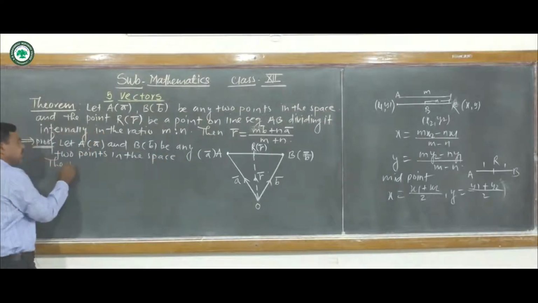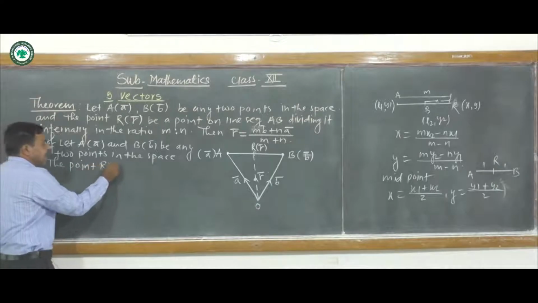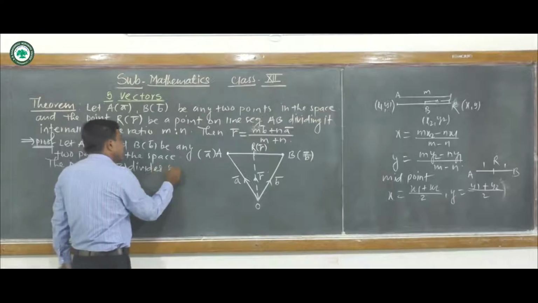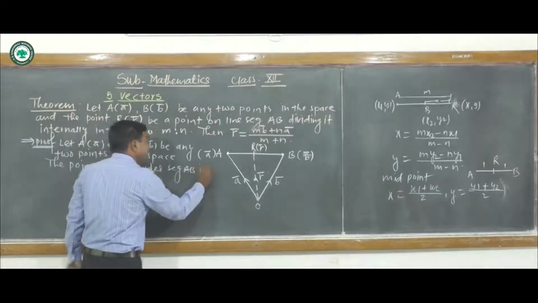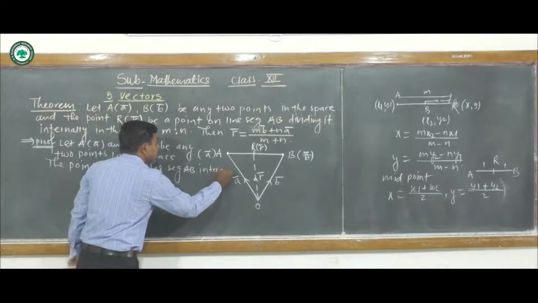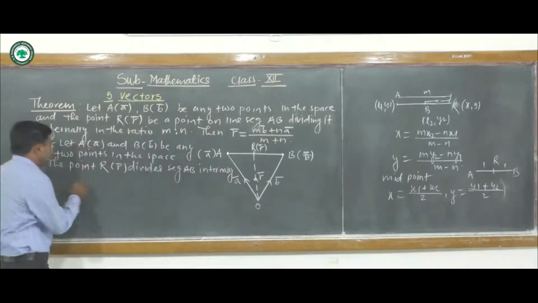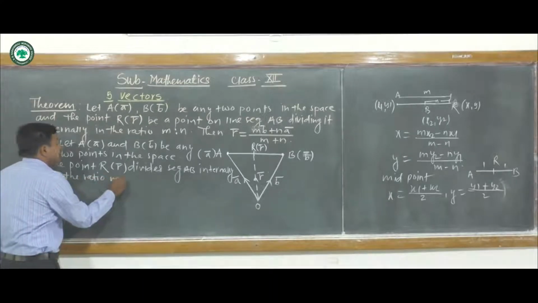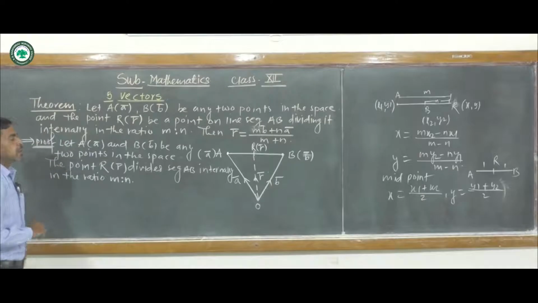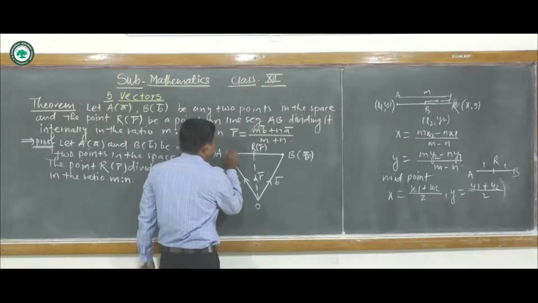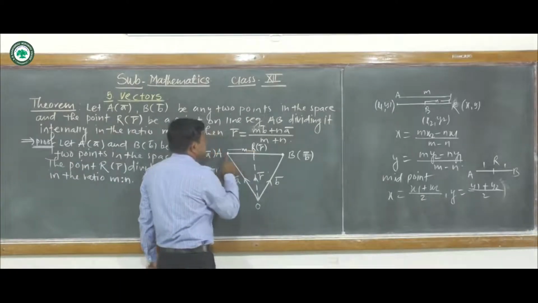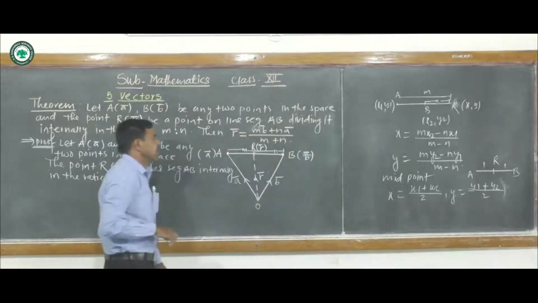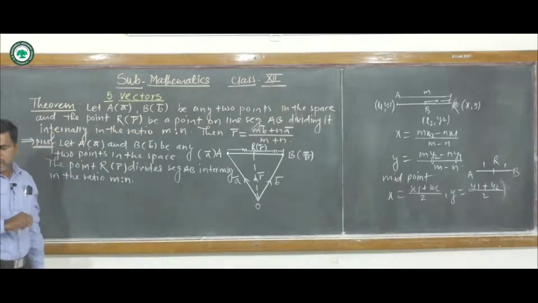The point capital R with r bar divides segment AB internally in the ratio m/n. So point R with r bar means the length of AR is m and the length of RB is n, in the ratio m/n.